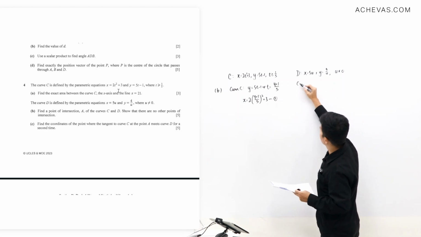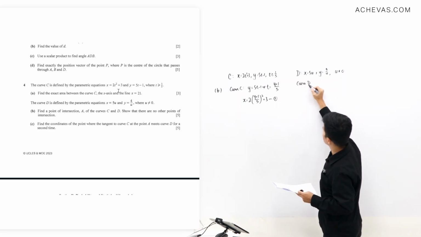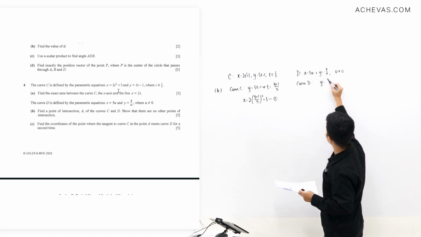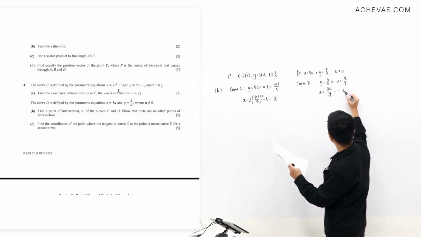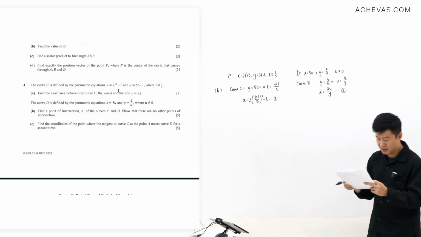This is simple. So if I were to look at curve D, y is equal to 4 over u. So u is just simply 4 over y. Substituting into here, x is going to be 5 times this, so it will be 5 times 4, 20 over y. This, I'll call equation number 2.